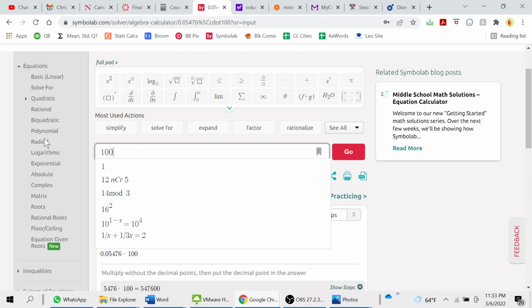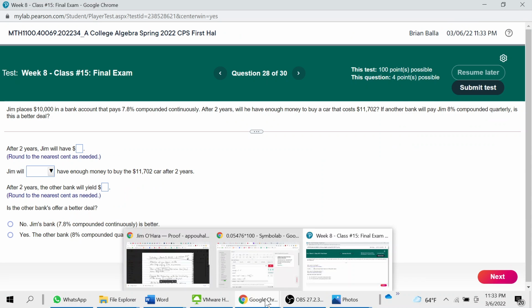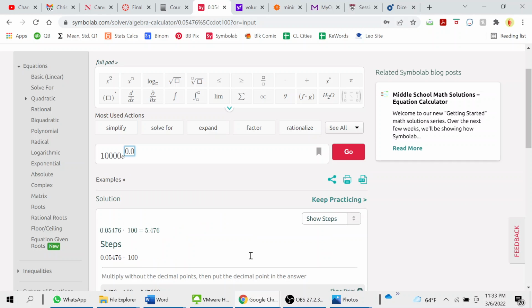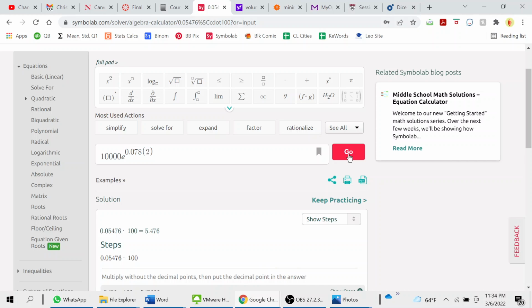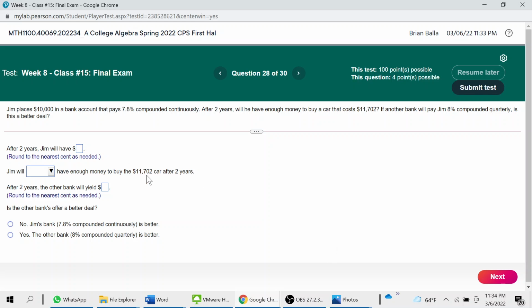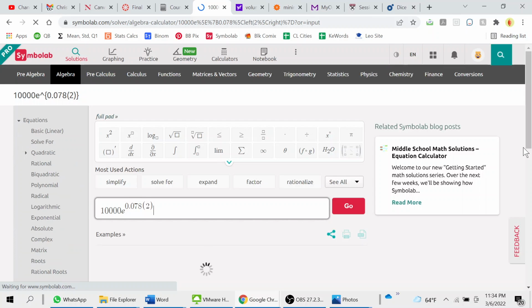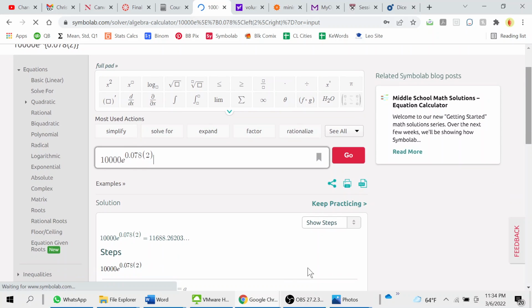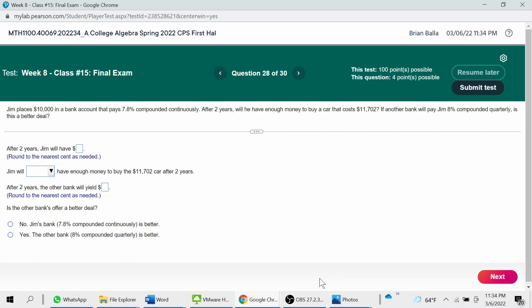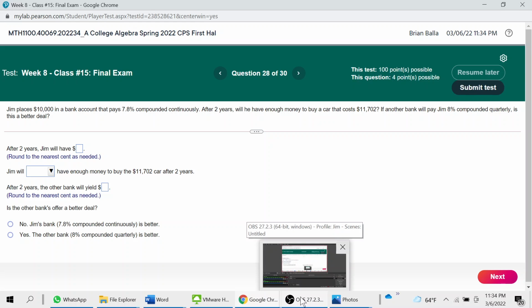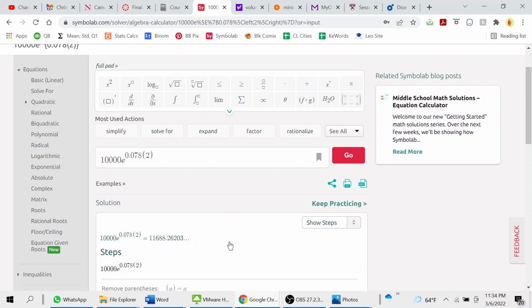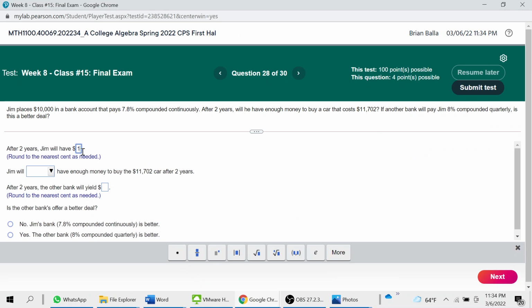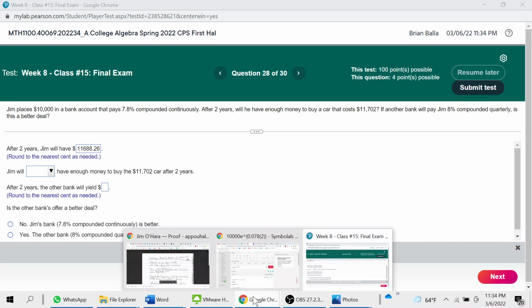But let's figure this out. 10,000, 7%, 0.07 in 2 years. $11,688. Actually, hold on. 11,688.26.